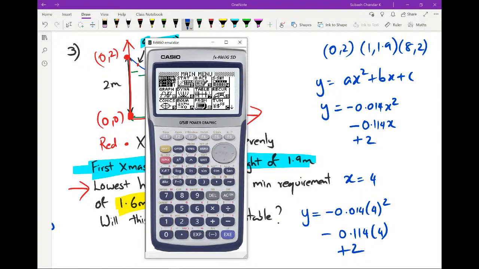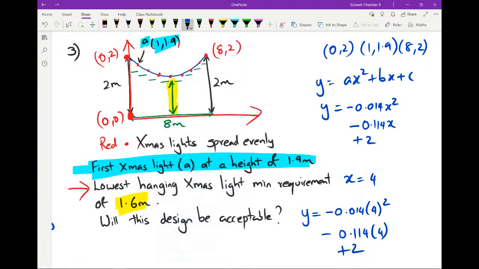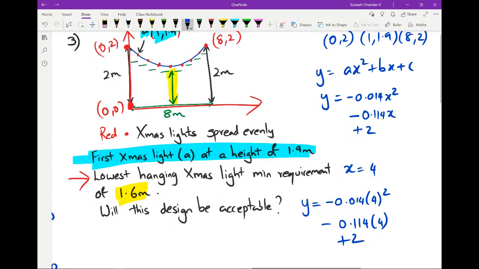Actually, I'll just show you guys this method first. 0.014 times 4 squared minus 0.114 times 4 plus 2 equals 1.32. So what that tells us is the height of the fourth light, it's actually, was it positive 0.14? Did I mess that up?